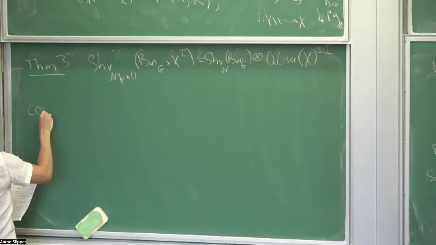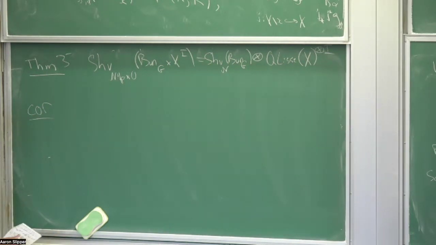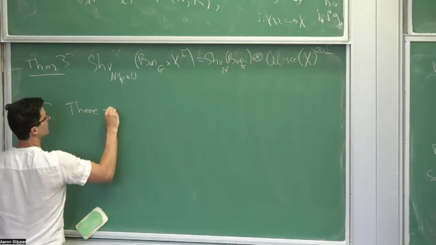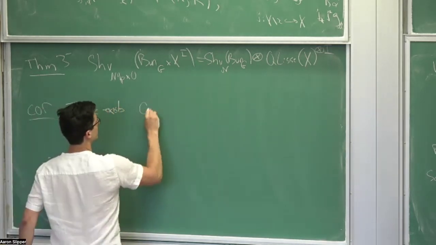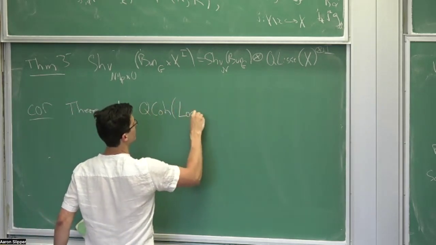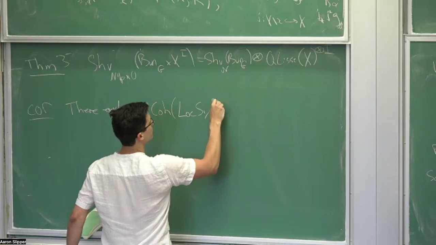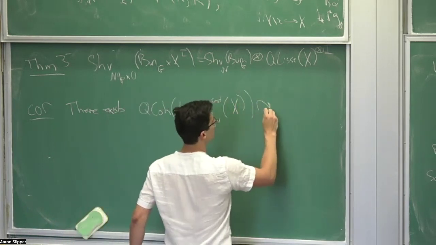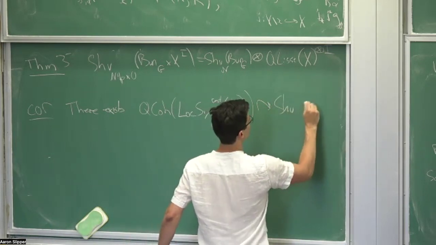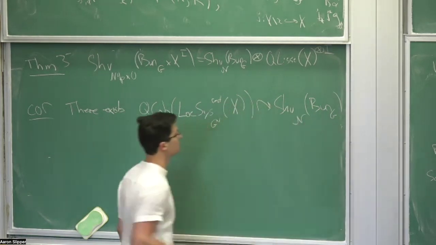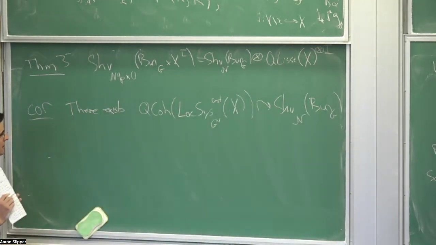And as a corollary, there exists a global Hecke action on restricted local systems, on sheaves on Bun_G with nilpotent singular support. Yeah, I'll finish here.